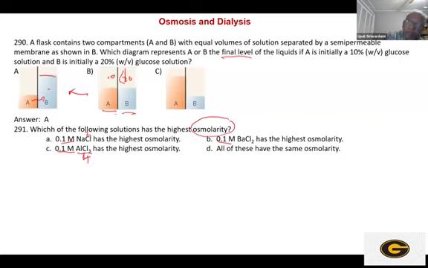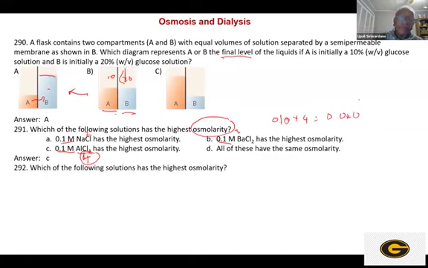Barium chloride, 3 particles. Therefore, the highest number of particles is here. Therefore, 0.10 multiplied by 4 is the highest osmolarity. Therefore, answer is C.